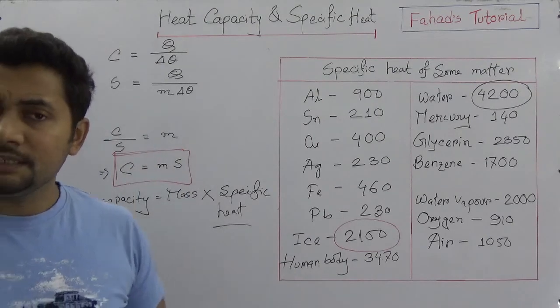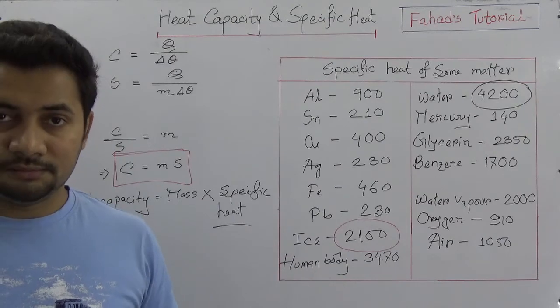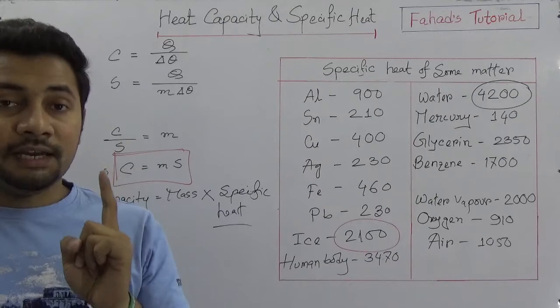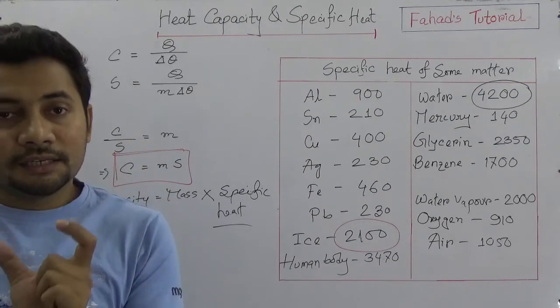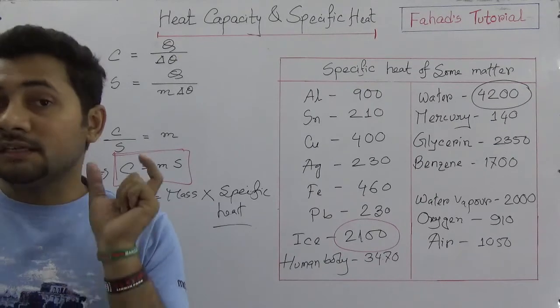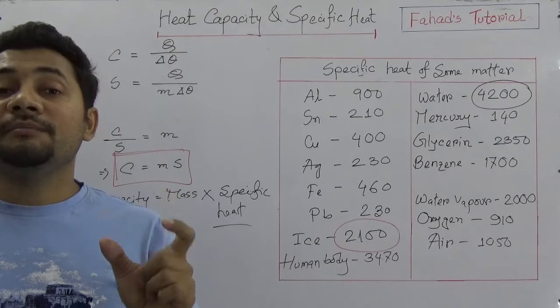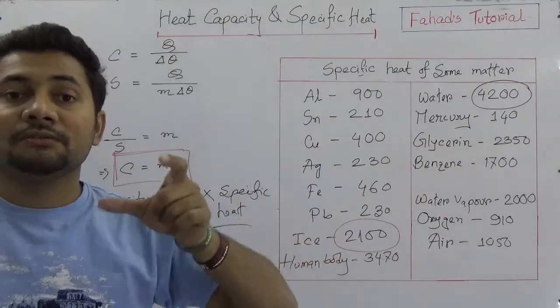In case of heat capacity, mass is not fixed, but specific heat has a specific value because the mass is specific. So 1 kilogram of water requires 4200 joule of heat to increase its temperature by 1 Kelvin.